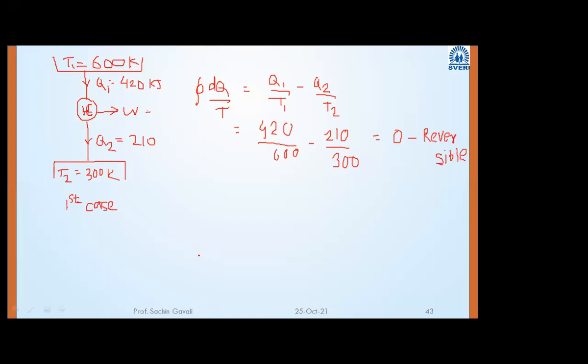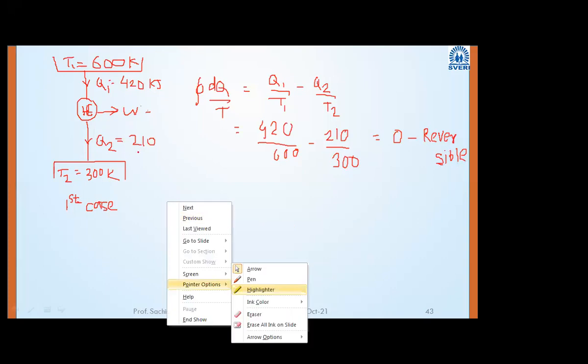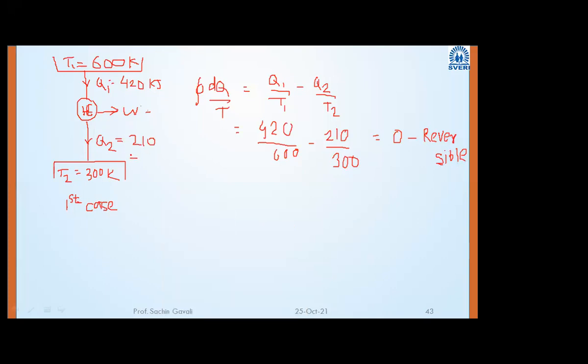Okay. Now the second case. What is the second case? Only instead of 210 kilojoule, what will be the value? 105. So in that case, only Q2 is replaced by 105. In the second case, what is the cyclic integral of dQ by T?